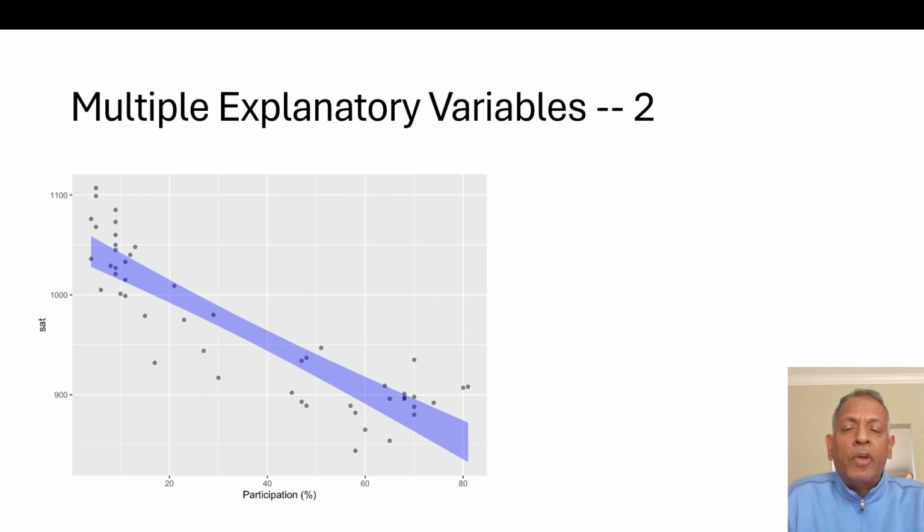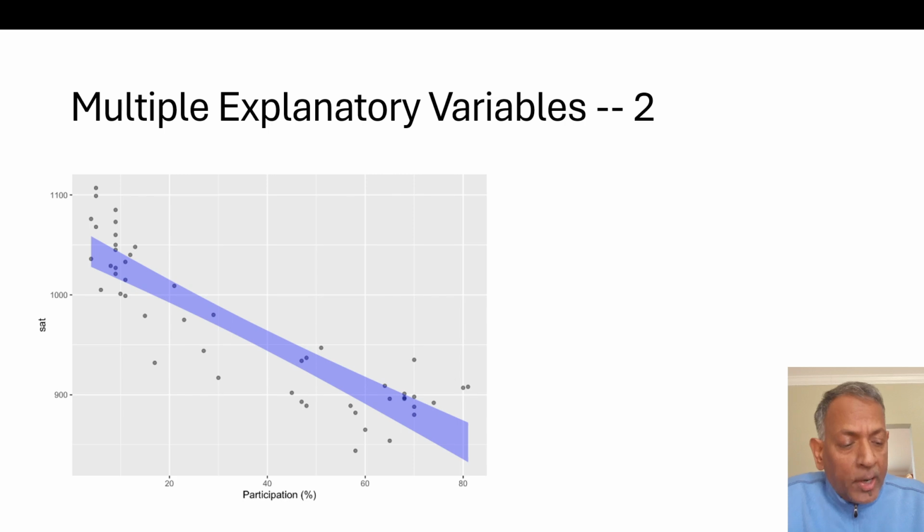And then when you look at participation versus SAT, you're seeing as the participation increases, the SAT score is going down. Okay, so the reality is that the states where the participation in SAT is higher, states like New York and New Jersey and California, those are the states that actually tend to spend more on education as well.